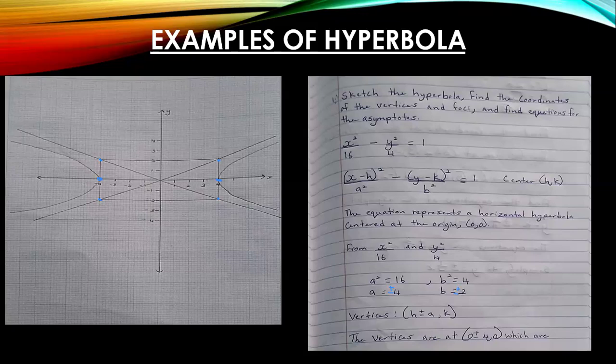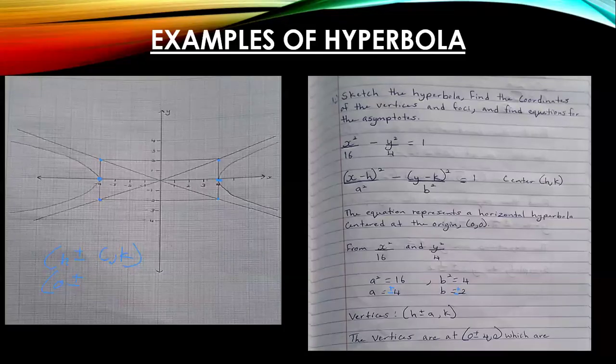Now the foci formula, you can say h plus or minus c, comma k. So we know that our h is 0, the origin is at 0, 0, so our h is 0, plus or minus our c value.